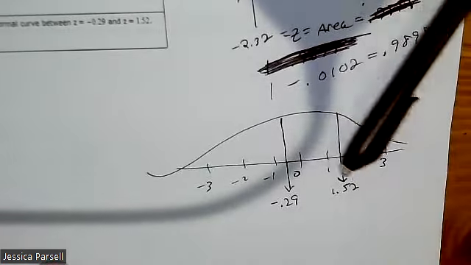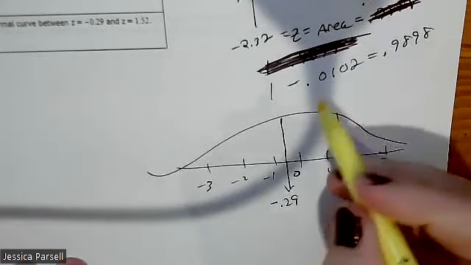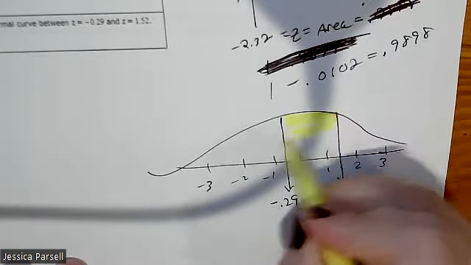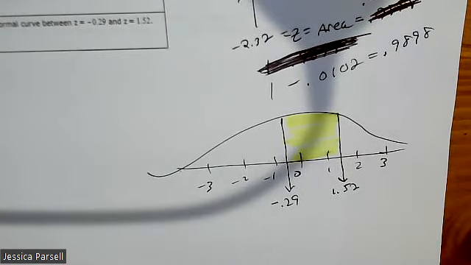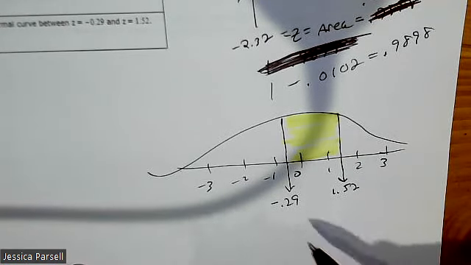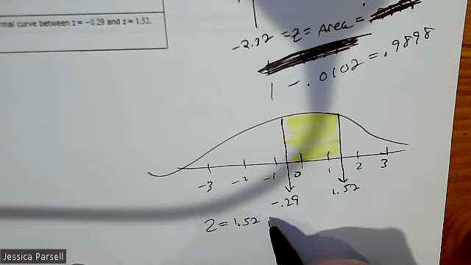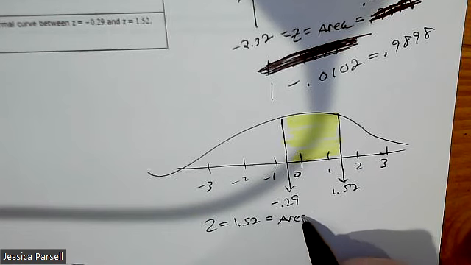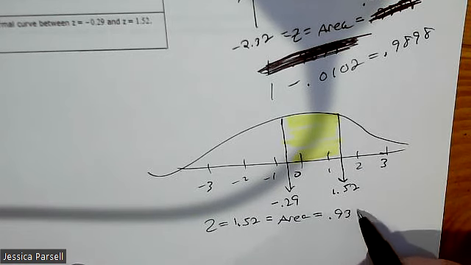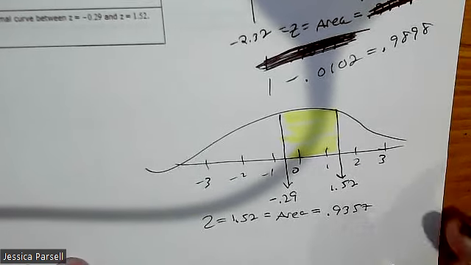Okay, so on the second part, where we're looking to see what is this chunk between a z-score of negative 0.29 and a z-score of 1.52? Well, if we look up the z-score of 1.52, we get an area of 0.9357, or hopefully you got that, which makes sense.